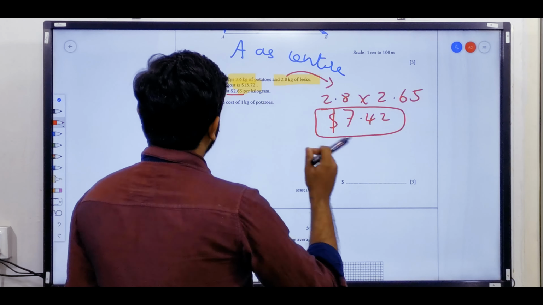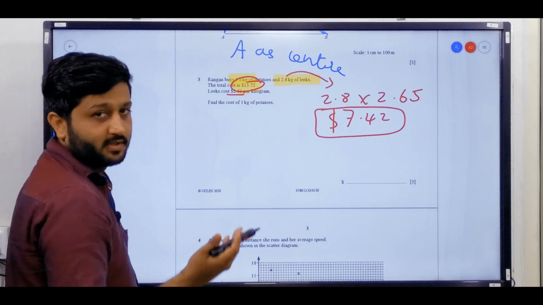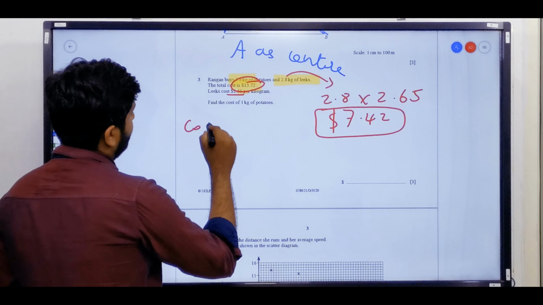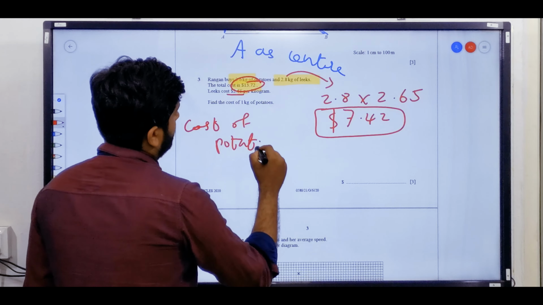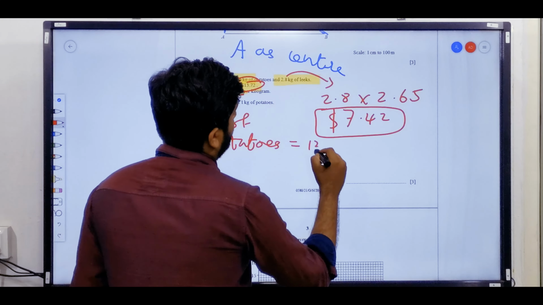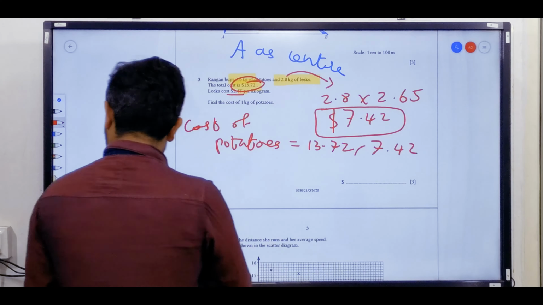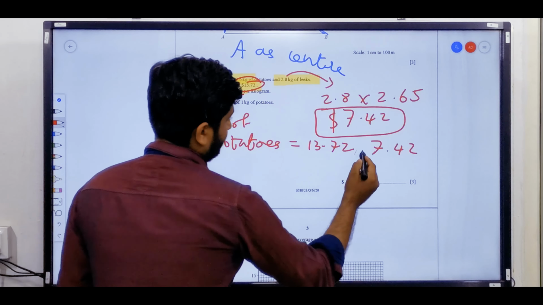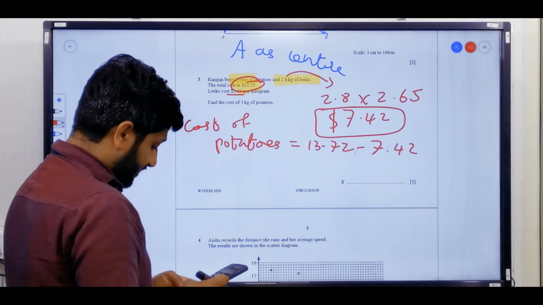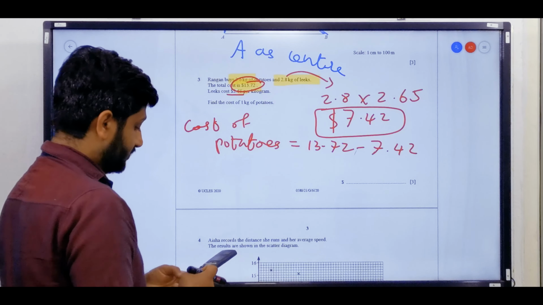His total cost is $13.72. So the cost of potatoes will be 13.72 minus 7.42. I think I've got the minus sign wrong. 13.72 minus 7.42.